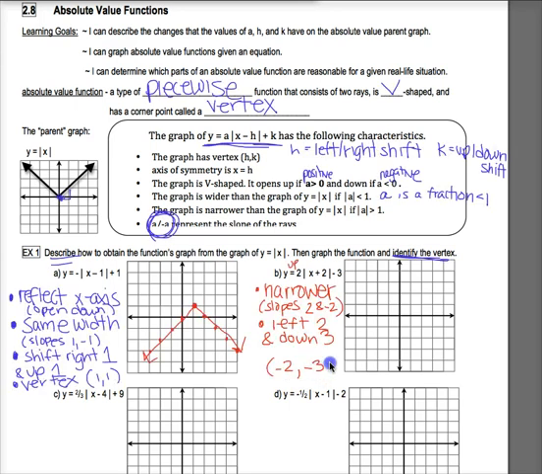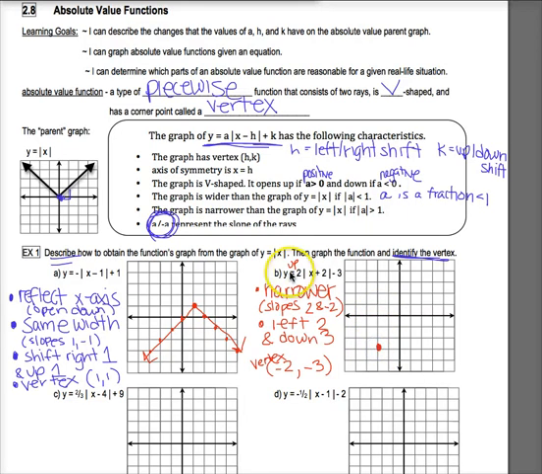So my vertex is at -2, -3. So if I want to graph this, I go left 2 and down 3. There we go.